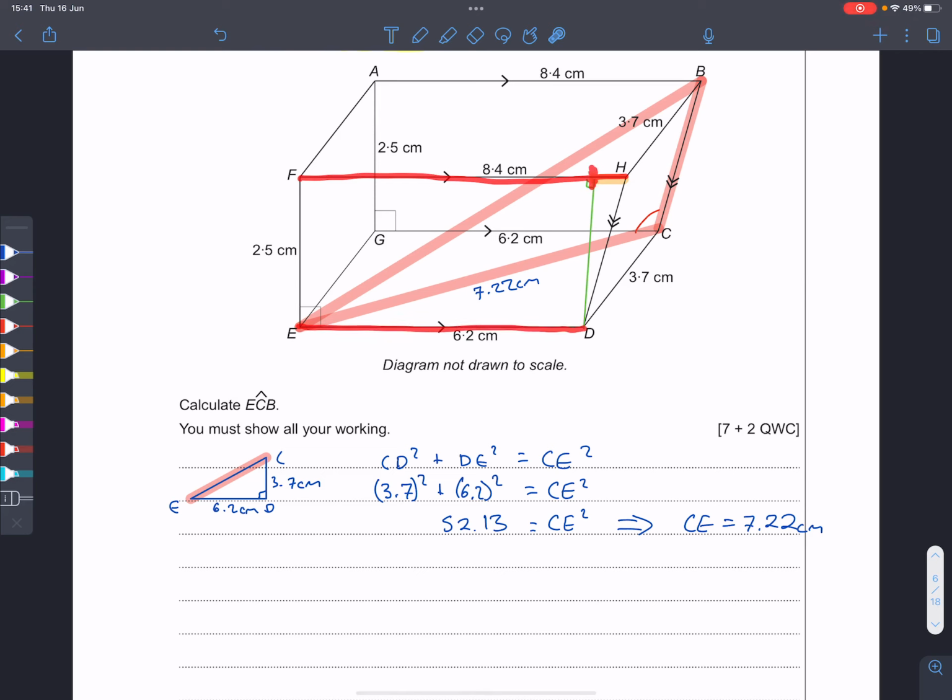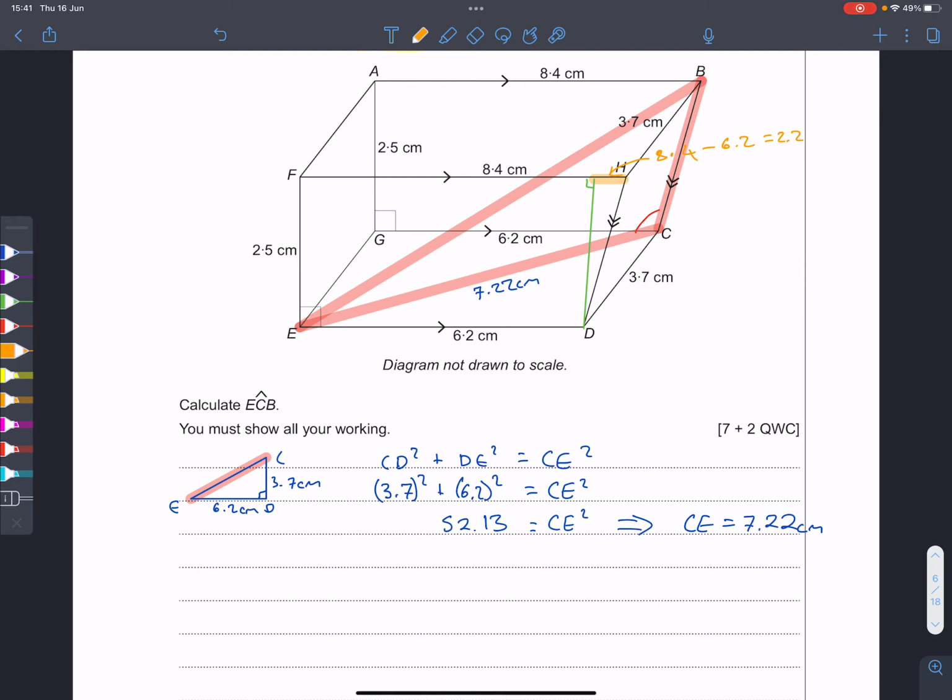So that little gap here is 8.4 minus 6.2. So 8.4 minus 6.2 is 2.2. So I know that's 2.2.